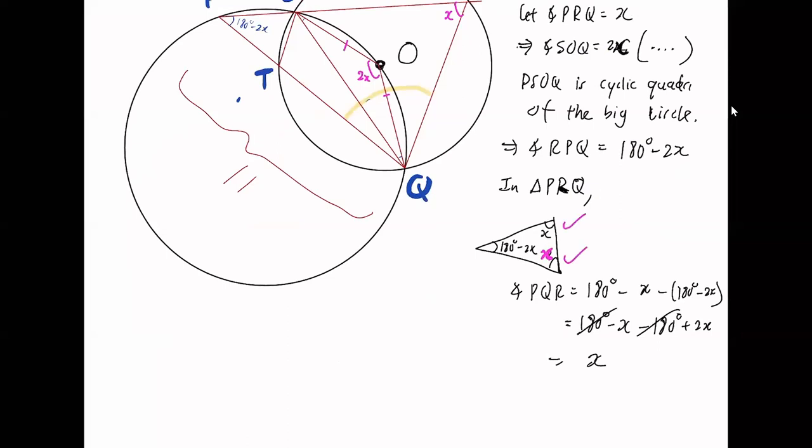Now that we have x here and x there, by base angles of isosceles triangle being equal, we conclude that, sorry, that's not the correct presentation.